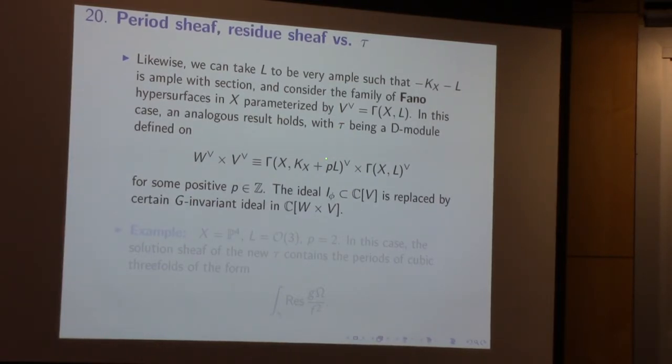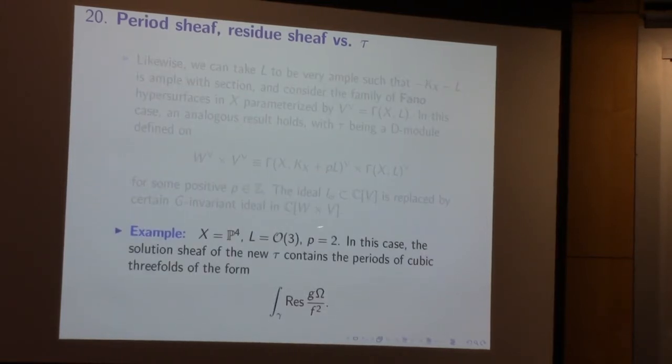So P actually depends on L in some way. I don't want to get into the specifics, but there will be some positive integer that you need to put in here in order to make the correct parameter space. Anyway, the upshot is that in all three cases, Calabi-Yau, general type, and Fano, you can set up this differential system for the periods and residues.